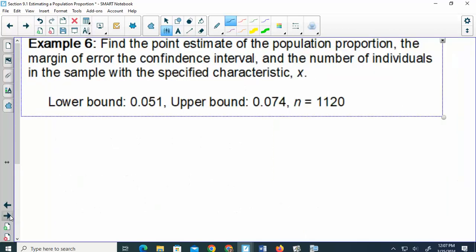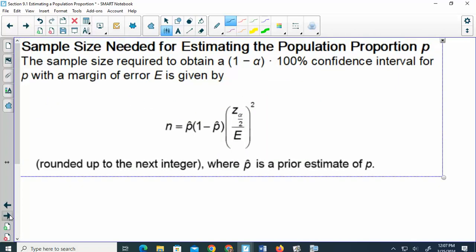So the last piece of this is talking about how big of a sample size we need. Sorry, I forgot I had this example. I'll come back and do that one in a second. Okay, so this is, again, like everything else, on your formula sheet. It tells you a way of calculating how big your sample size needs to be. And there's two options.